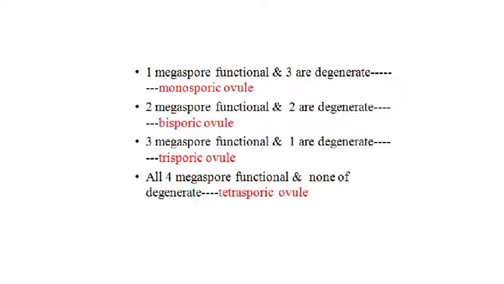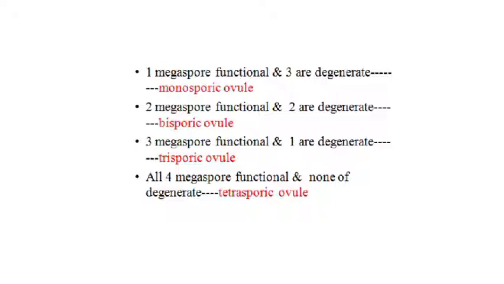Now see, if one megaspore is functional and 3 are degenerated, meaning only one functional megaspore participates in the development of the embryo sac, that is called a monosporic ovule. In this way, if 2 megaspores are functional and 2 are degenerated, meaning 2 megaspores participate in the development of the embryo sac, that is called a bisporic ovule. If 3 megaspores are functional and 1 is degenerated, that is called a tetrasporic... trisporic ovule.